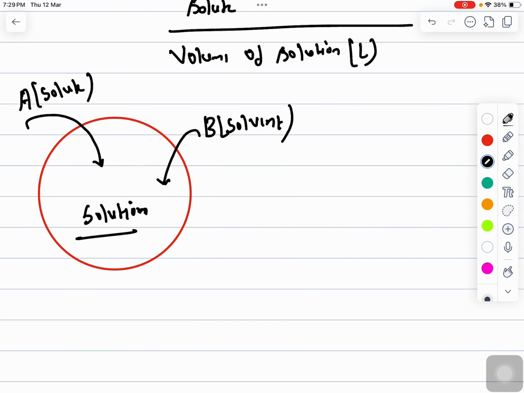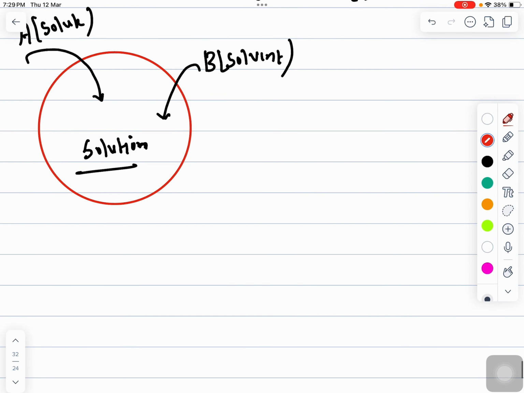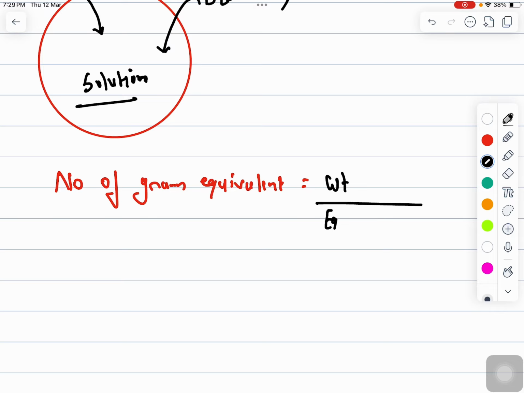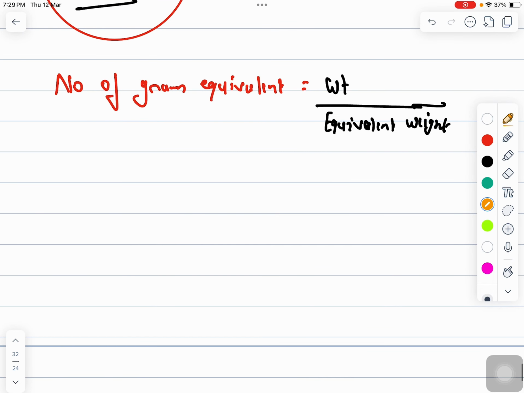So now how to calculate the number of gram equivalents of solute? That can be defined as weight divided by equivalent weight. Then comes how to define the equivalent weight. Already I have discussed these things in my earlier lecture.